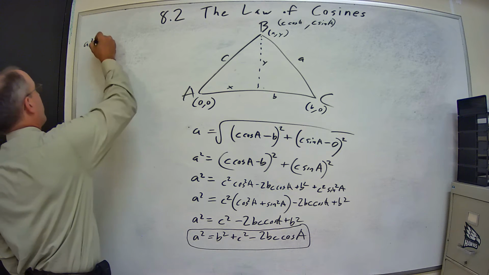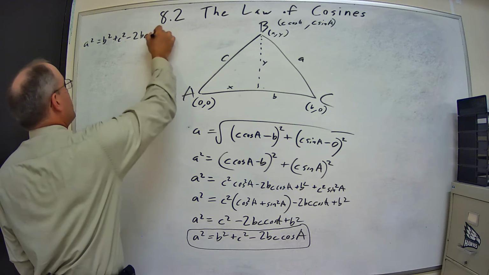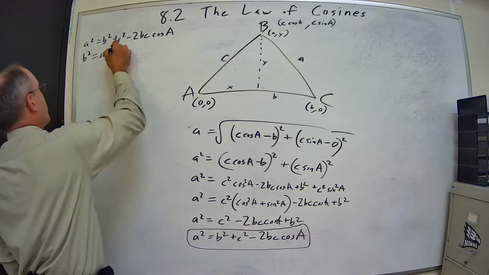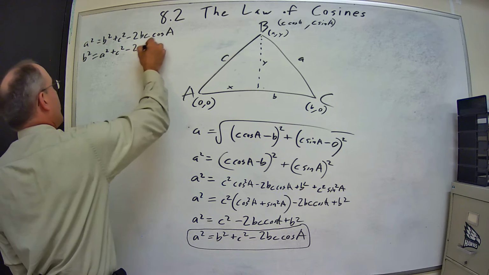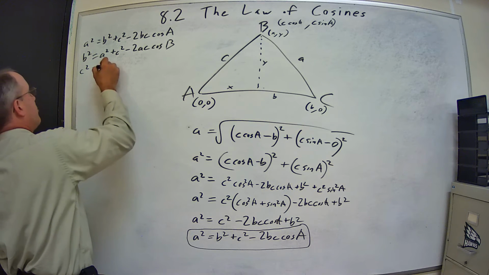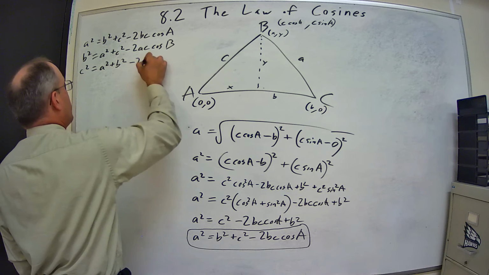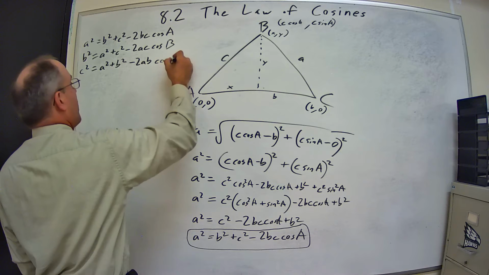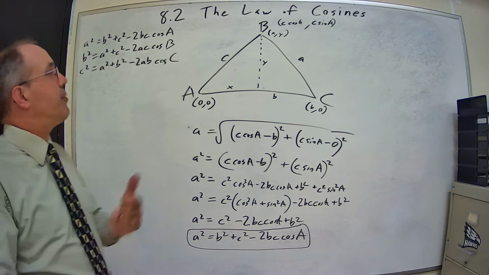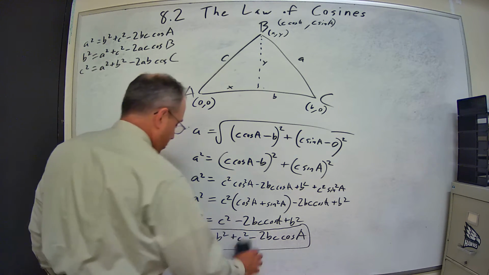So a squared is equal to b squared plus c squared minus 2bc cosine A. B squared is equal to a squared plus c squared minus 2ac cosine B. And c squared is equal to a squared plus b squared minus 2ab cosine c. And those are the 3 ways that we can show the law of cosines. So we can erase all this.